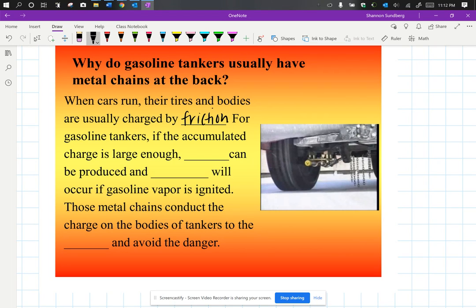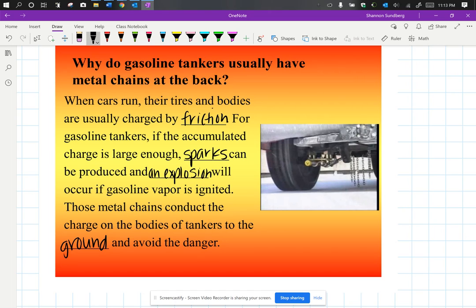For gasoline tankers, if the accumulated charge is large enough, sparks can be produced, and an explosion will occur if gasoline vapor is ignited, which is not a good thing. Those metal chains conduct the charge on the bodies of the tankers to the ground, literally the cement, the earth, and avoid the danger.